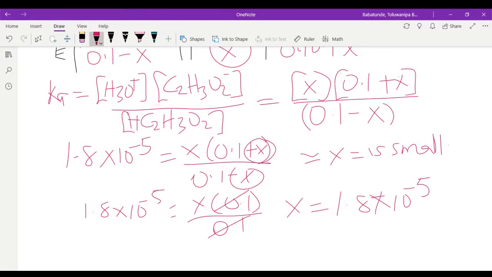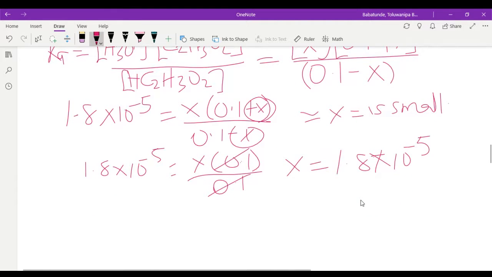We can always check if our assumption is right by comparing this value to 0.1. It's still going to be less than 5%, so our assumption is correct. So we can say that our x is equal to this value.